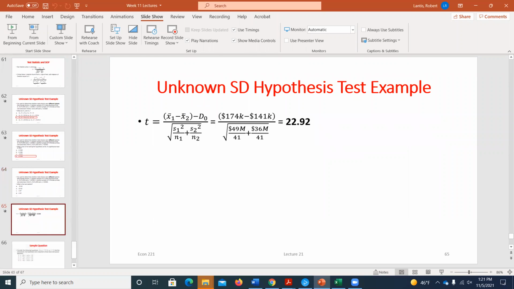So all I'm doing there is, right, plugging in those variances and those sample sizes. I had that sample difference there in my numerator. I end up with a ridiculously large test statistic here, right? So despite the variances being pretty high, if the assumed true difference was in fact 0, I am 23 almost standard deviations away from that.